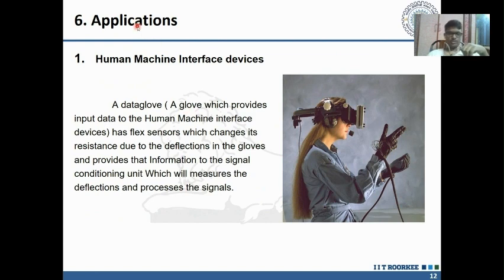And now we are moving to the applications. First application is human machine interface devices. Here in the picture she is wearing a glove called a data glove. It has flex sensors which measure the bending in the finger joints, and it is sent to the signal conditioning unit.